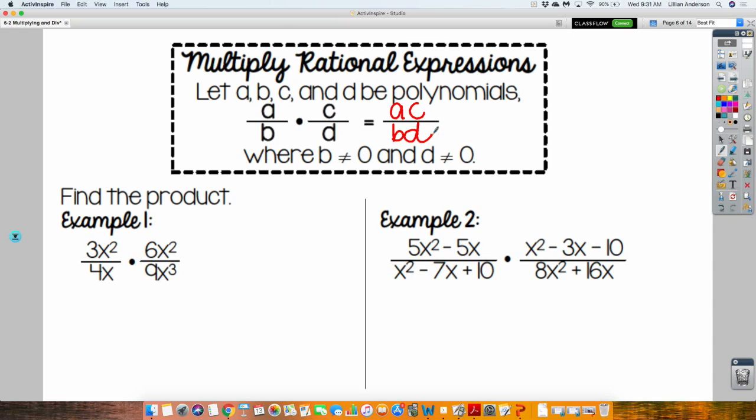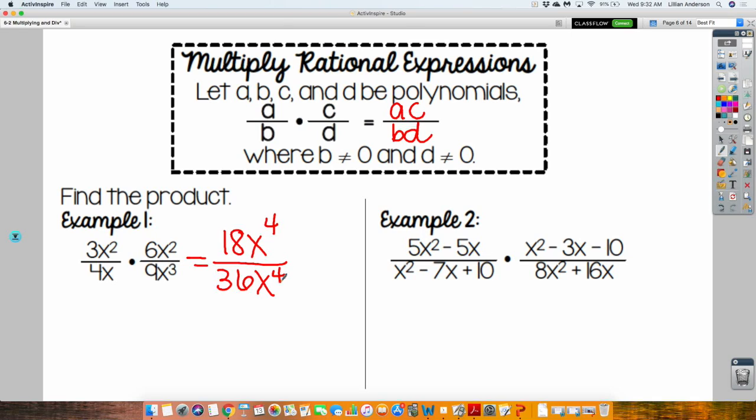One thing you can do, especially if it's something as simple as example 1, is just multiply straight across. Okay? 3 times 6, 18. What is x squared times x squared? x to the 4th. All over 4 times 9, 36. What's x times x to the 3rd? x to the 4th.